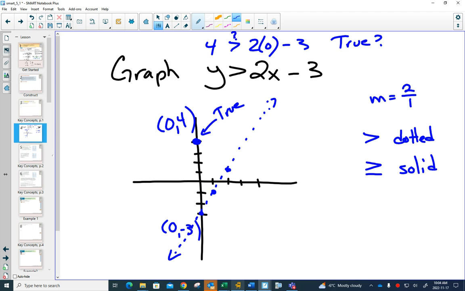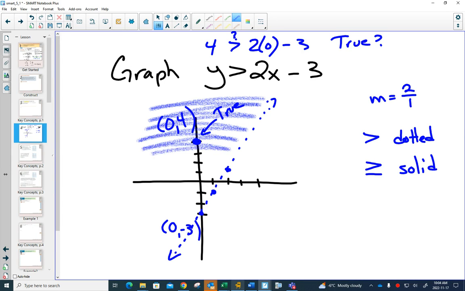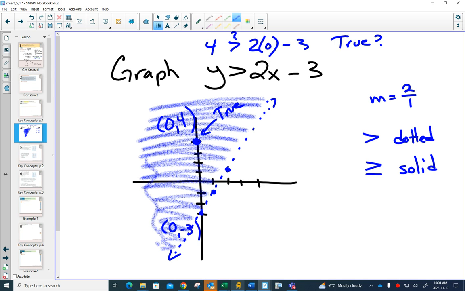And in an inequality, if you find a point that's true, that will mean, and we used to shade this, I like using crayons, this whole section will be true. Any point you choose in this section will be true. Let's try another one. Let's say I chose -3, 0.